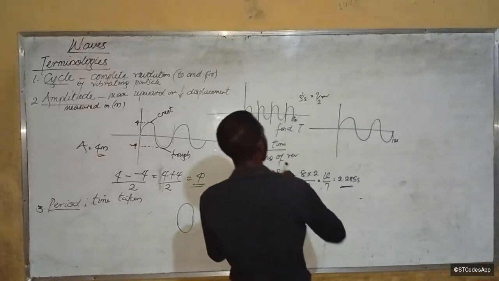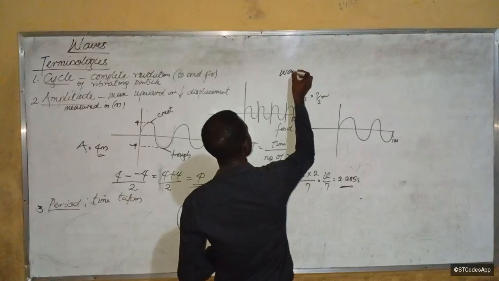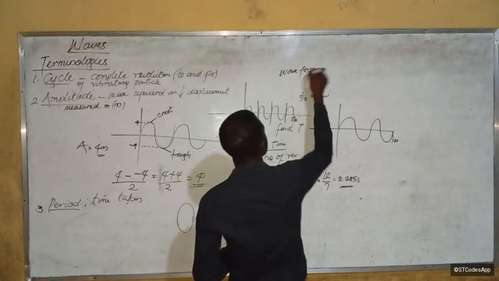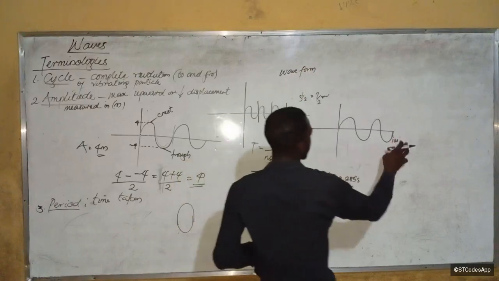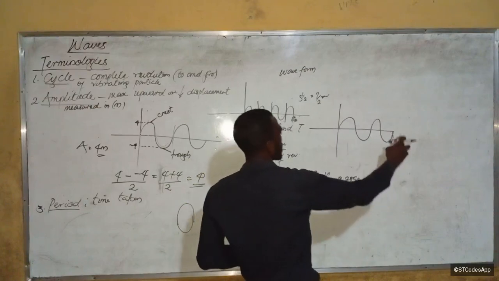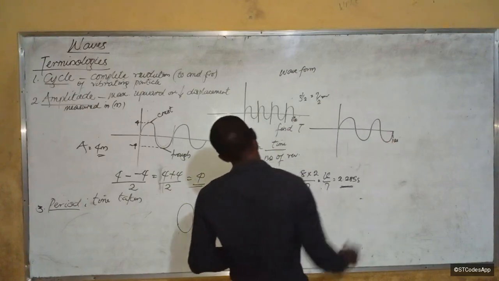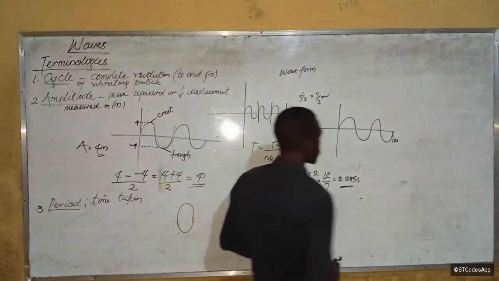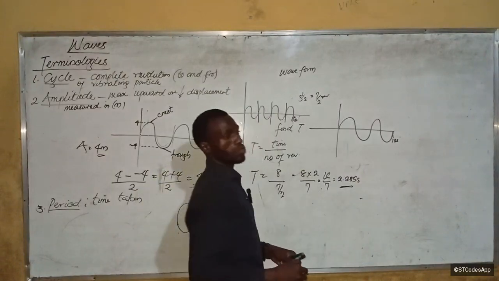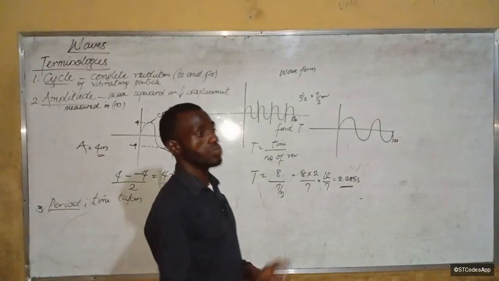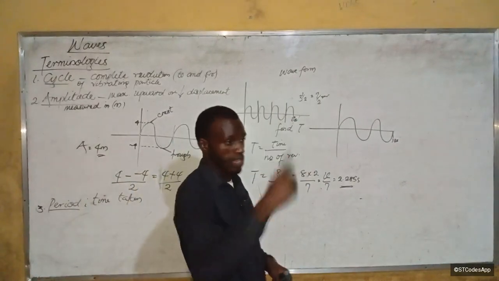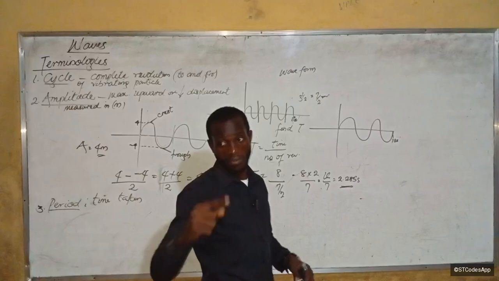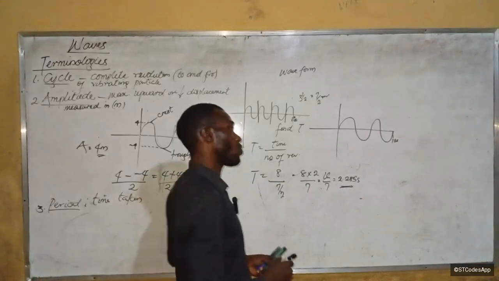This is called a waveform. And it says the time taken to get here is 10 seconds. What will be the period? Calculate period or find T. If you are told to calculate period, it means you are told to calculate the time it will take to complete one revolution. Do you understand? One revolution, only one revolution.